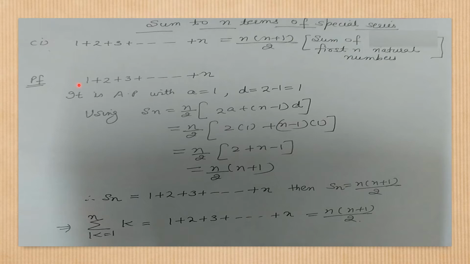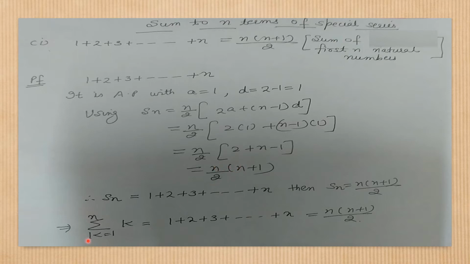From 1, 2, 3, and so on up to n, it is an AP with a equal to 1 and d equal to 1. Applying the formula Sn equal to n by 2 into 2a plus n minus 1 d, if I put a as 1 and d as 1, I get n into n plus 1 by 2.